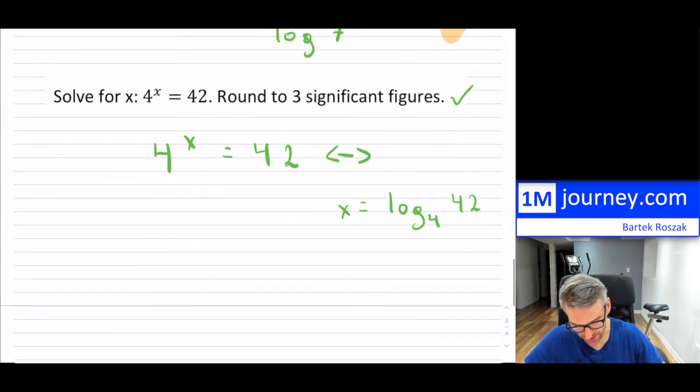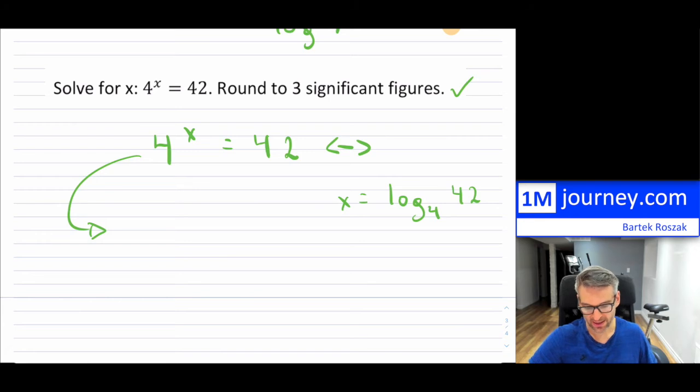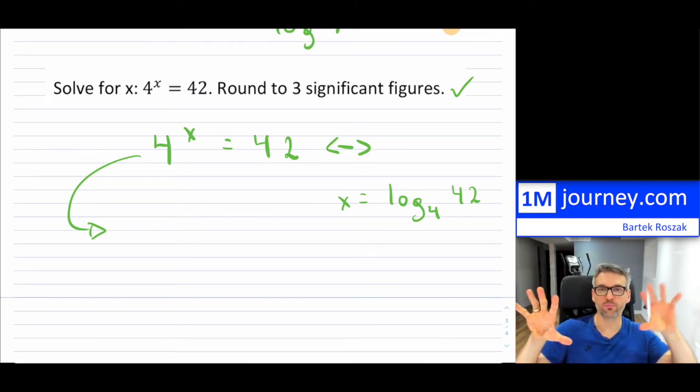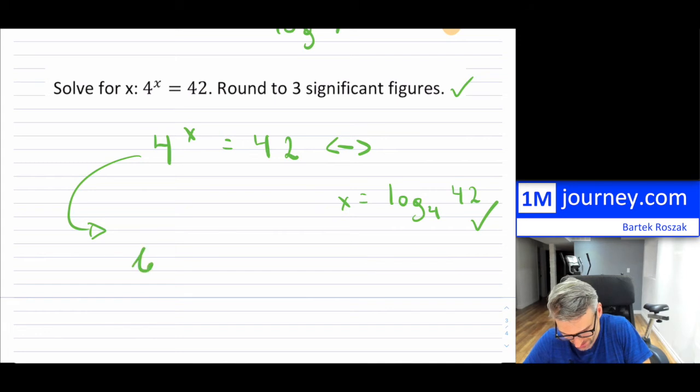Now, very often what you will find is that math and science teachers or instructors, or even you yourself, at some point are going to use the property of the same base, where you take the log of both sides. So instead of going directly to this, sometimes you might see it like this.